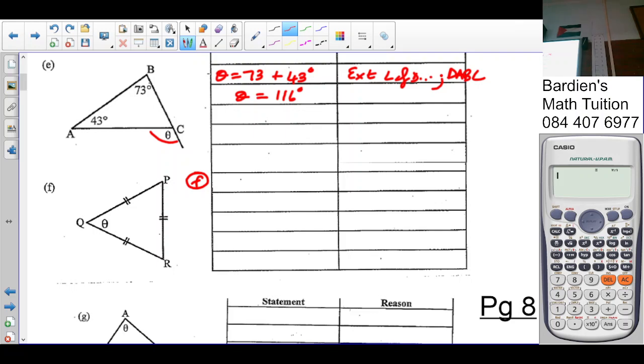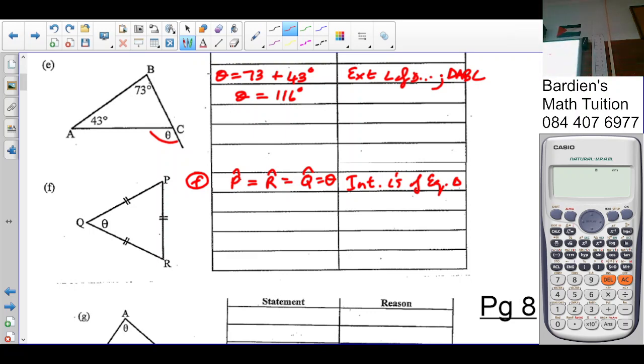So angle P is equal to angle R, which is equal to angle Q, which is equal to theta. Why? Because they are the interior angles of an equilateral triangle.